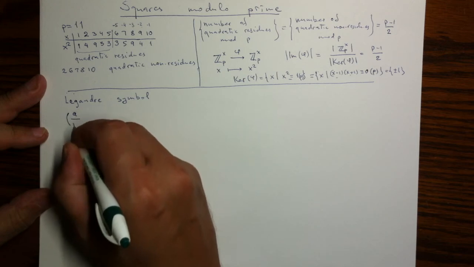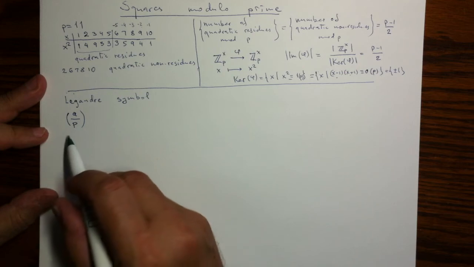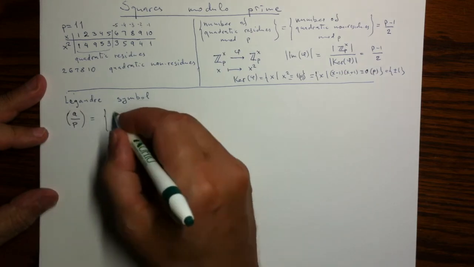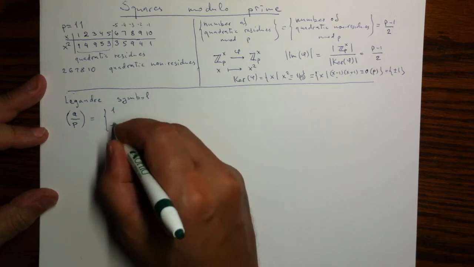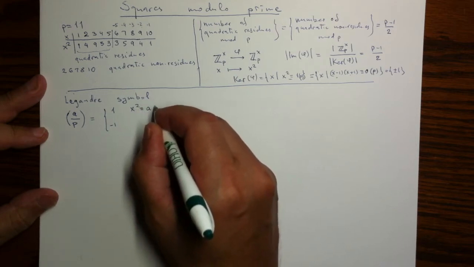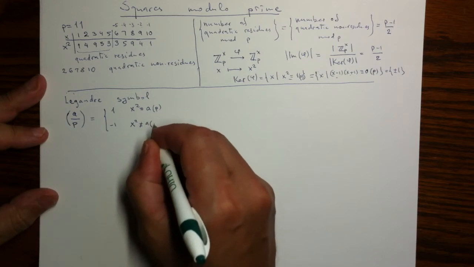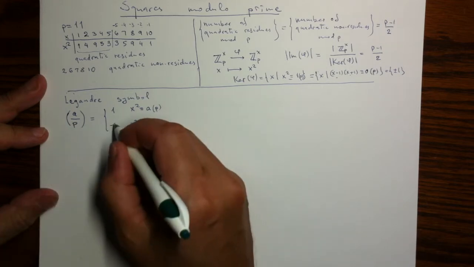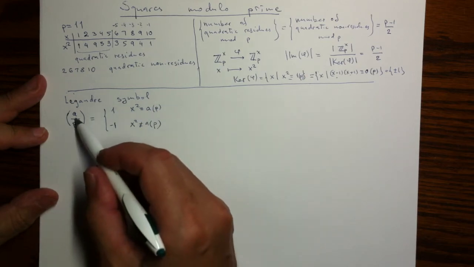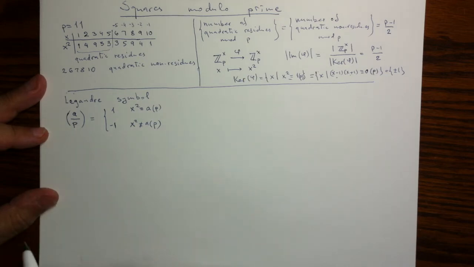The modulus is recorded downstairs, so it looks a bit like a fraction, but it is not. It is plus or minus 1, depending on a being a square or not. In other words, 1 on quadratic residues and negative 1 on quadratic non-residues.